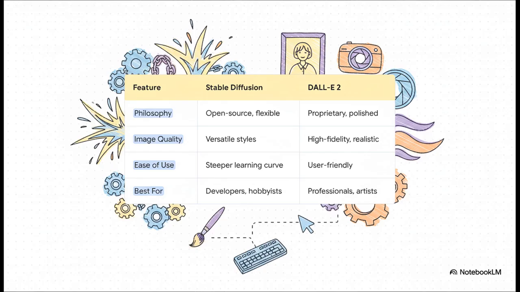Stable Diffusion is open source, which makes it super flexible and a huge favorite for developers and hobbyists who love to get under the hood and tinker. DALL-E 2, on the other hand, is a much more polished, controlled product from OpenAI. It's famous for spitting out incredibly realistic images right out of the box, which makes it awesome for professionals who just need top-quality results fast. Really, the choice between them boils down to how much control you want versus how much convenience you need.